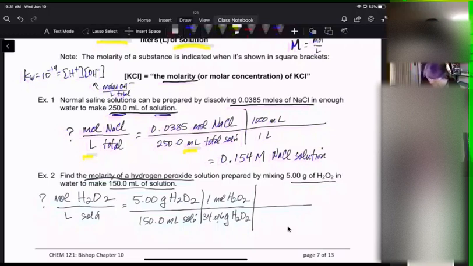Let's see, we need to get to liters down here, milliliters up here. Okay, that should cancel out everything, and I'll show that canceling. These guys, grams, so we end up with moles per liter.